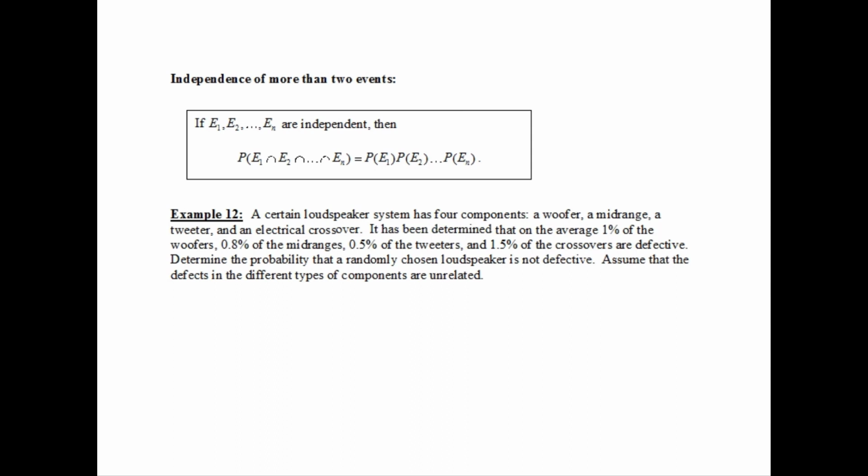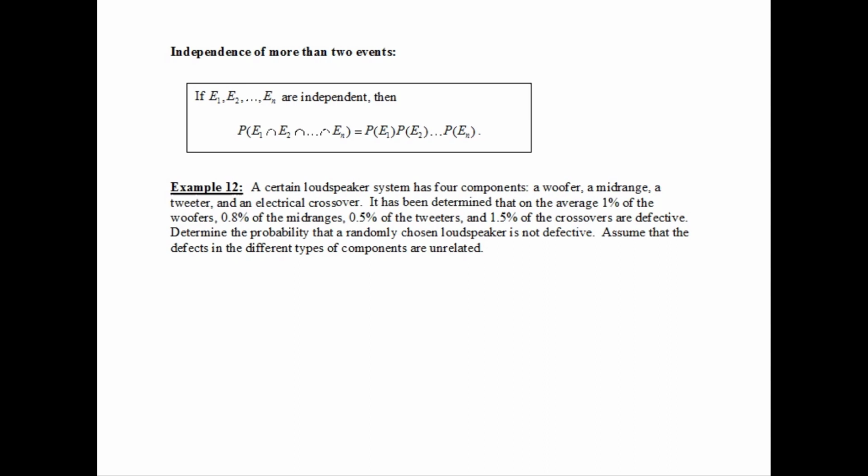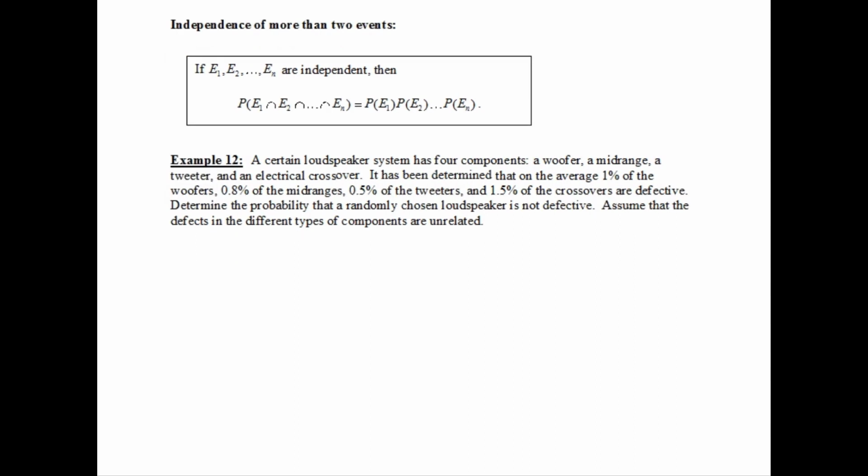You can use this as a test for independence, but you can also use it as a calculation. If you know that events are independent, their outcomes are unrelated, then you can use this formula to calculate the probability of a whole bunch of them occurring at once.